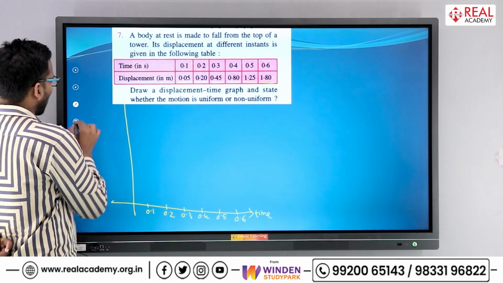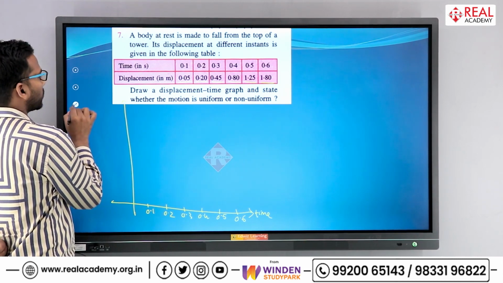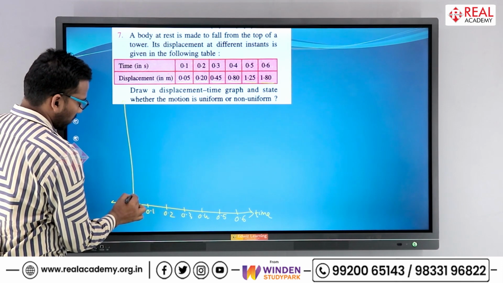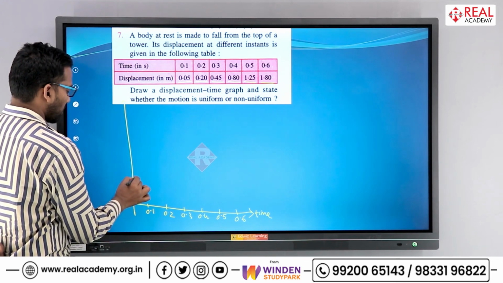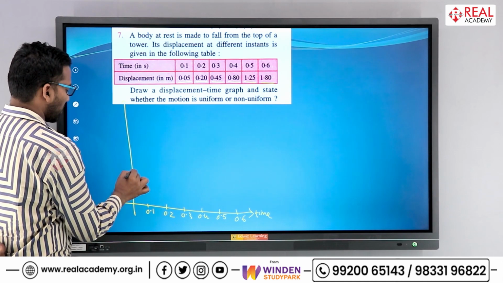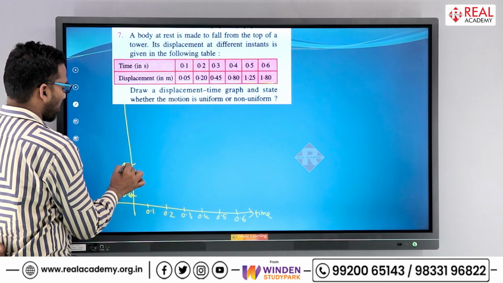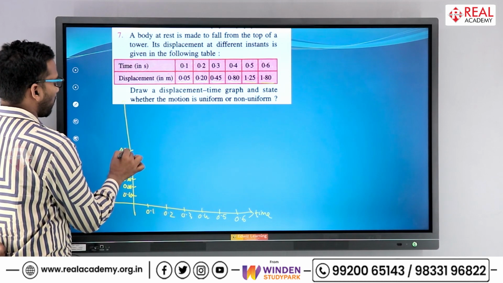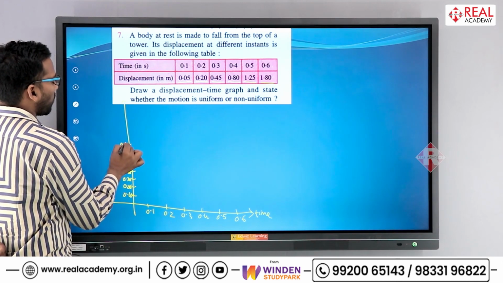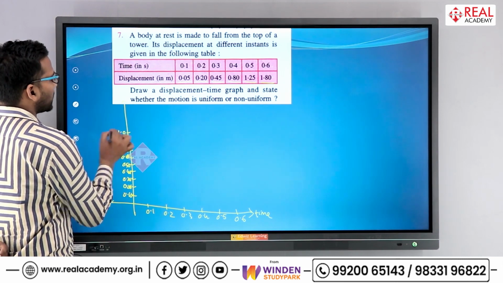So how to take? Let us take small units of 0.10. This is 0.10, this one is 0.20, this one is 0.30, this one is 0.40, this one is 0.50, this one is 0.60, next 0.70, 0.80, 0.90 and 1.0.